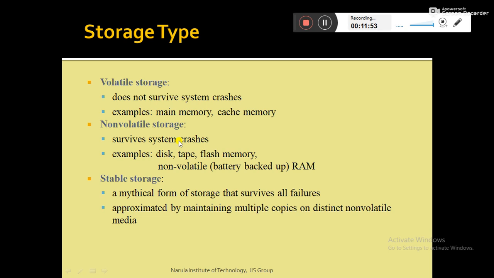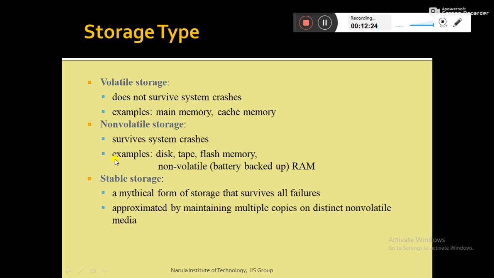It means you cannot access data from non-volatile storage in a faster way. It's a little bit slower than volatile storage. Examples of non-volatile storage are hard disks, magnetic tape, and flash memory. Among these three, in the transaction management system, most of the time we are going to use hard disks.